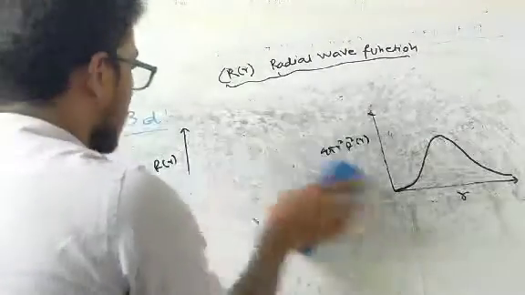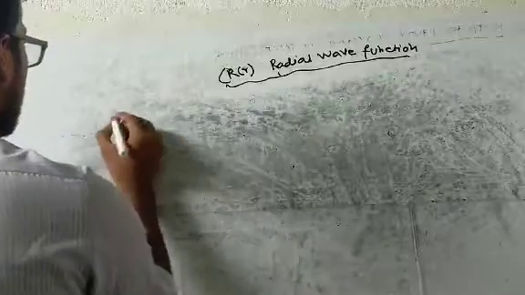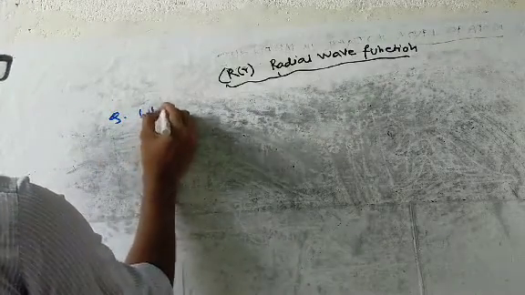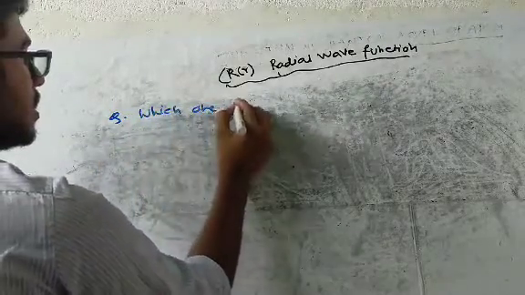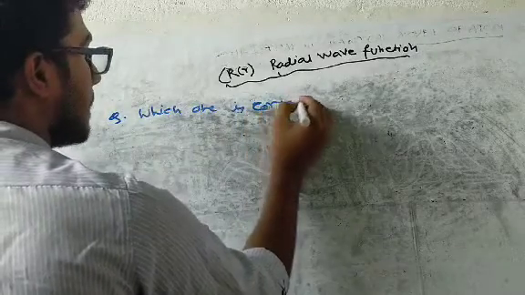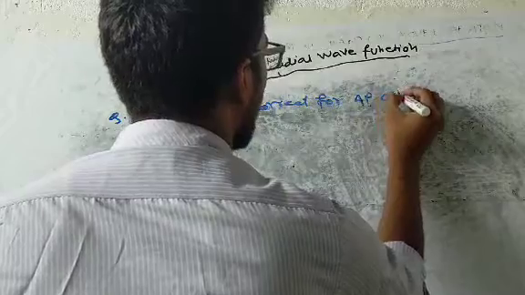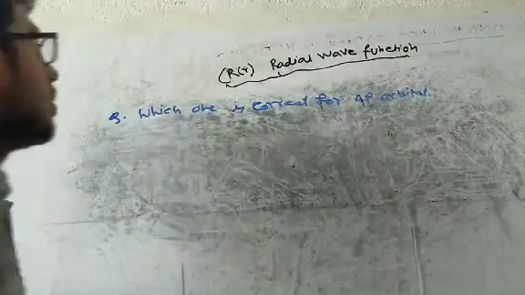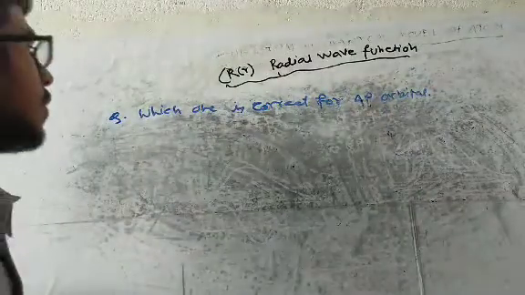Okay, now in the end, if I ask a simple question: which one is correct for the 4p orbital?